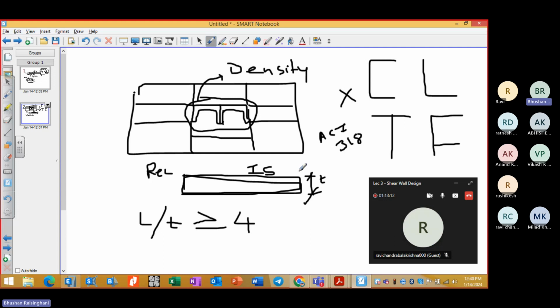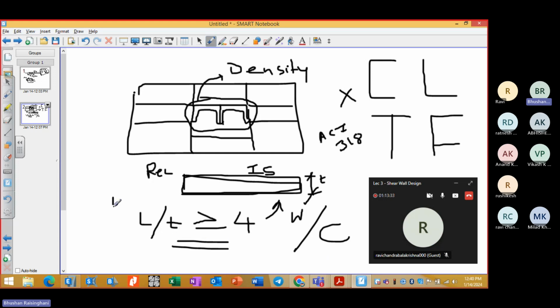From one particular ratio it will start becoming a column, and from another particular ratio it will start becoming a shear wall. So based on length versus thickness, you should assign whether it is a wall or a column. So wall versus column, the basic differentiation you can do with this particular aspect ratio.